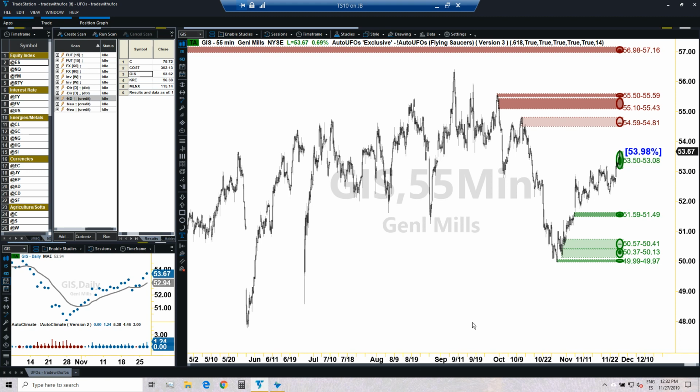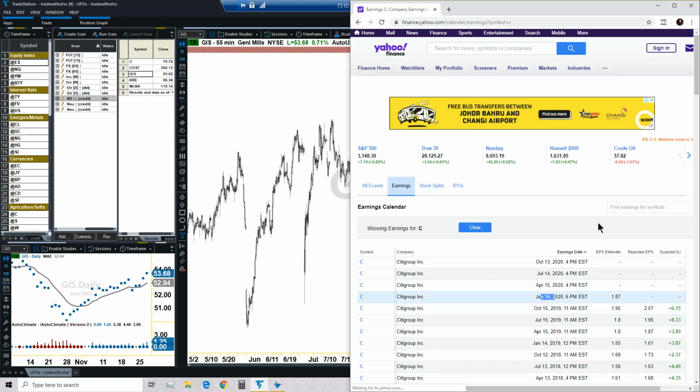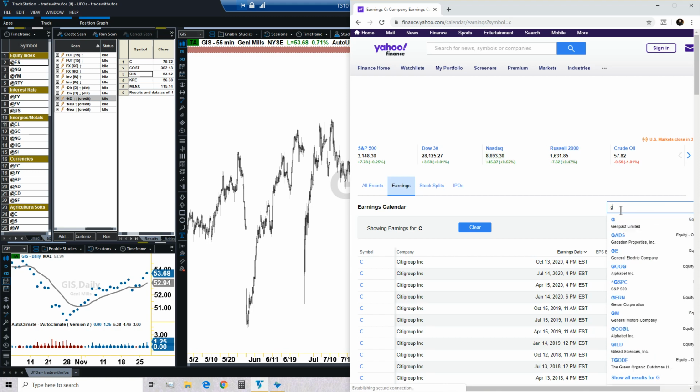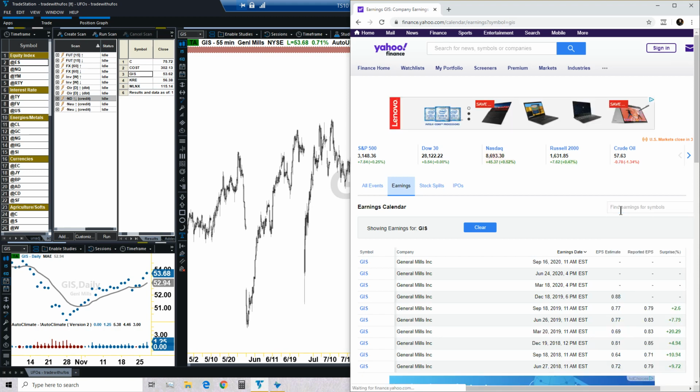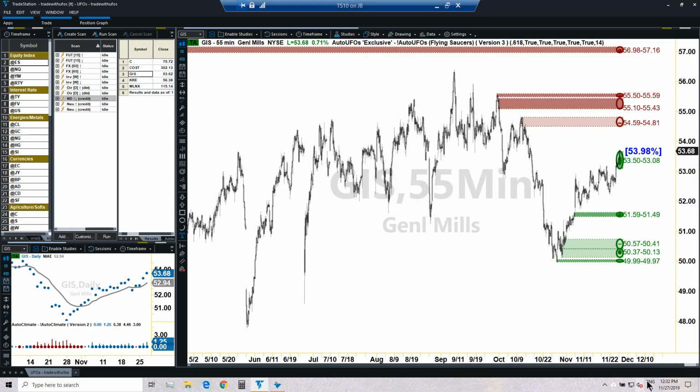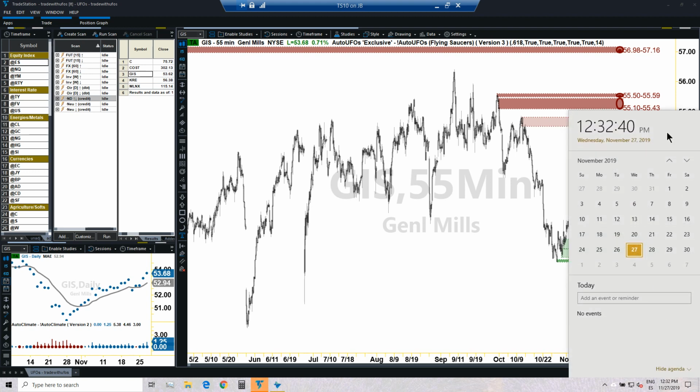Let's take a look at the earnings date for GIS, which is December 18. December 18 allows us to use December 6, but also December 13. So we can use those two.